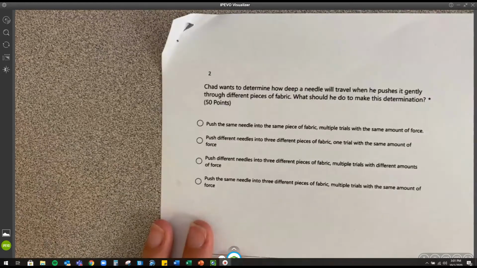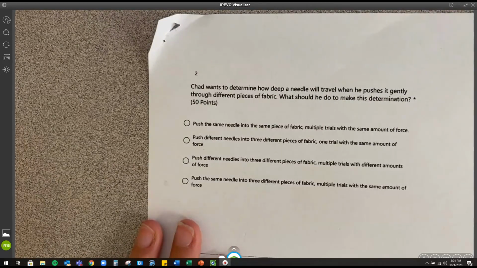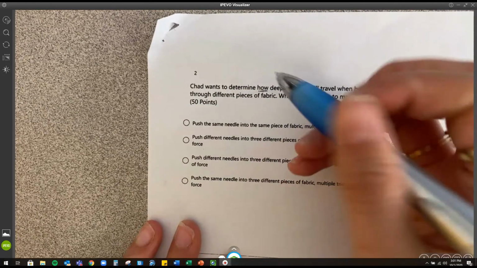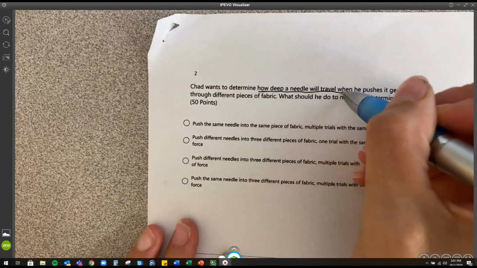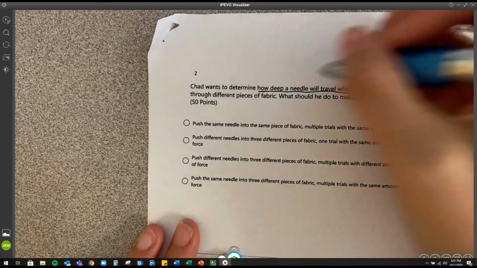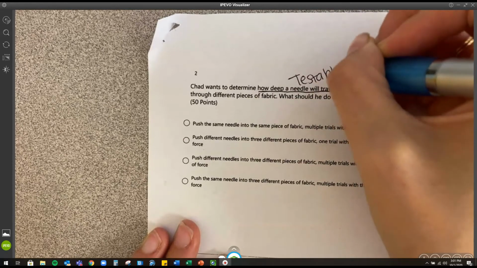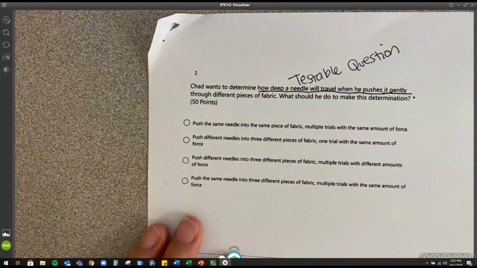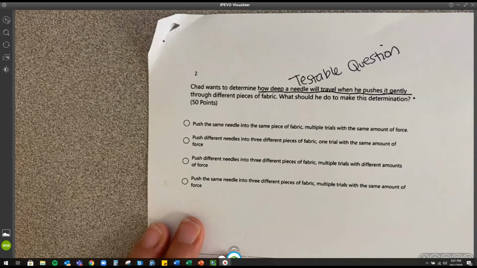Number 2, it says, Chad wants to determine how deep a needle will travel when he pushes it gently. So this is going to be my testable question because I know it starts with a how. Now that I know this is my testable question, I'm going to identify the independent variable.